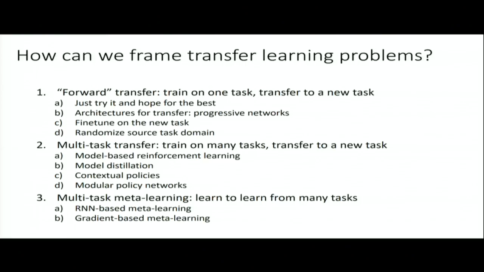Multitask transfer methods that train on a set of different tasks and either attempt to transfer to a target task or actually try to accelerate all of the different tasks through mutual sharing of information. And then the third category is meta-learning algorithms, which also operate in the multitask setting, but attempt to learn how to learn. So this third category we'll probably cover on Wednesday. And then today, I'll finish up the discussion of forward transfer and talk about multitask transfer learning algorithms.